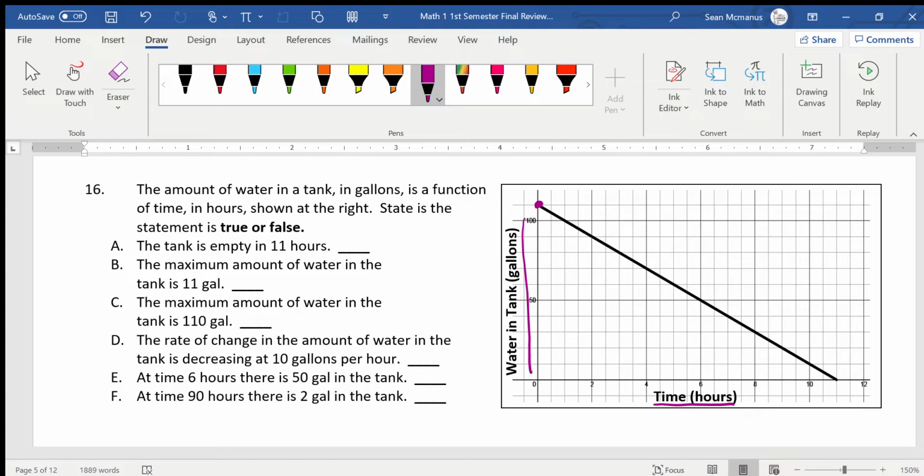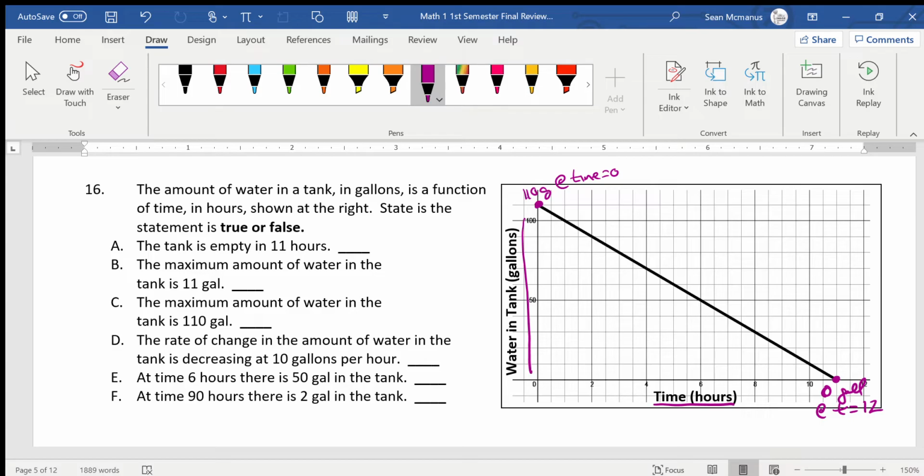I have a water tank that at time 0, at the very beginning, has, these go by tens, so there's 110 gallons, my y-intercept, when the time equals 0, and then it goes down at a steady pace the whole way, and then when I get out here, it has 0 gallons, right, when the time is 10, 11, 12 hours.